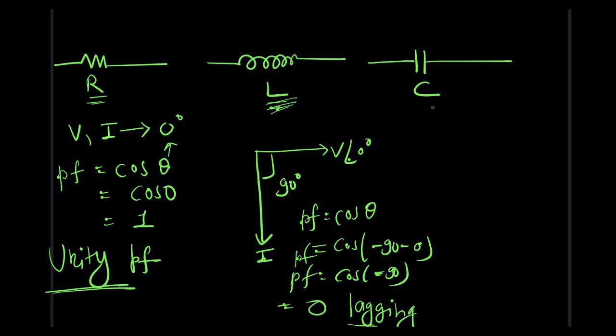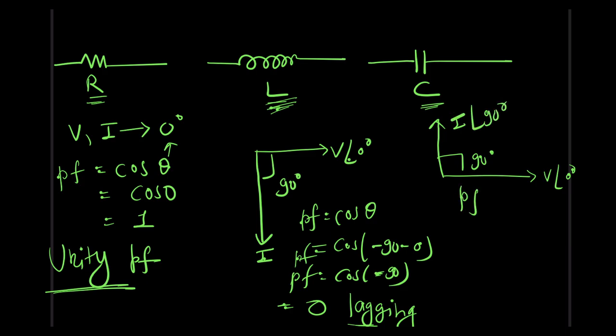And in case of purely capacitive circuit, if this is voltage V at an angle 0 degree, then the current will lead exactly 90 degree to the voltage, which will be plus 90 degree. So the power factor will be cosine of 90 minus 0, cosine of plus 90.